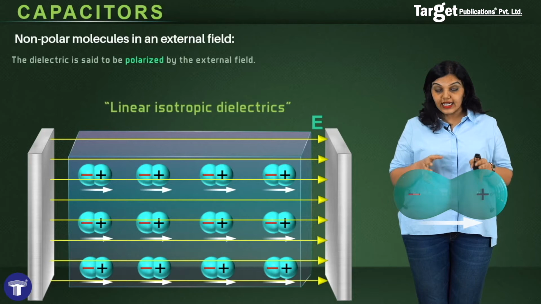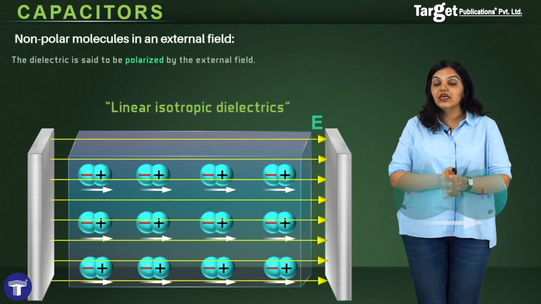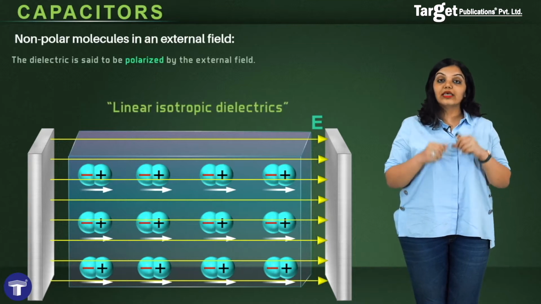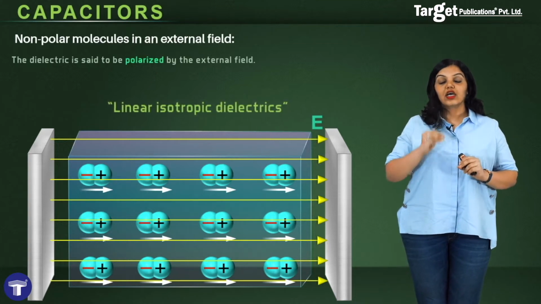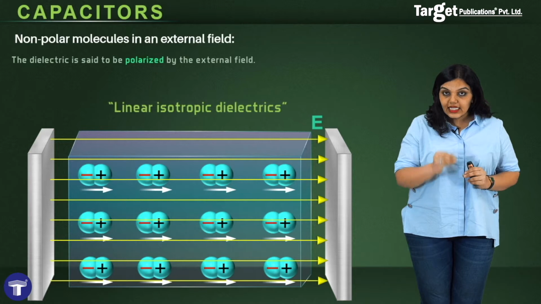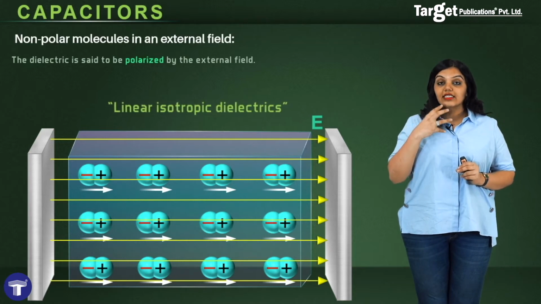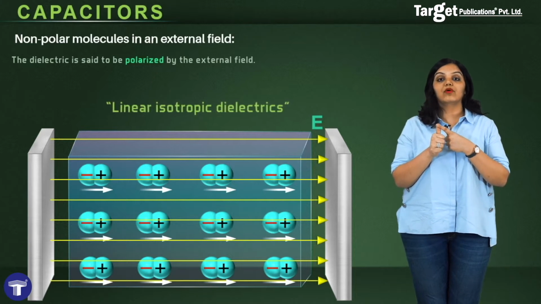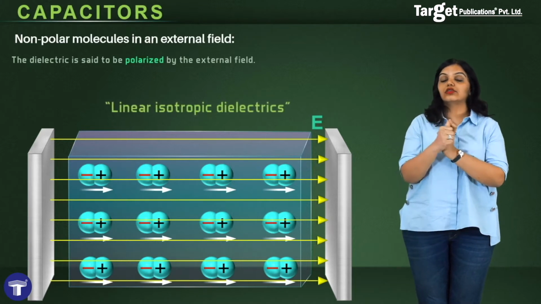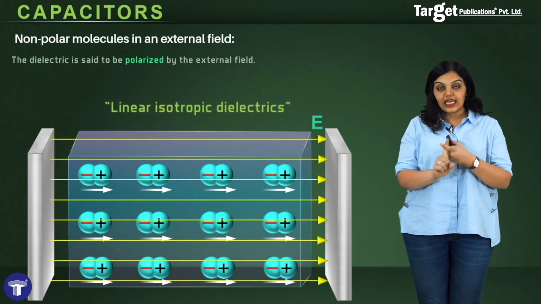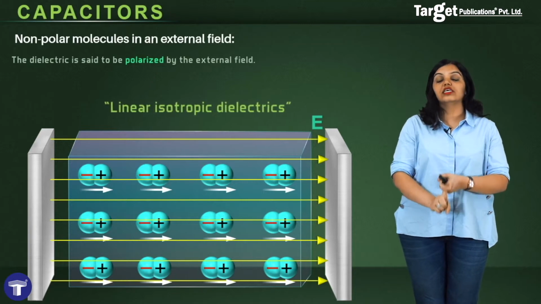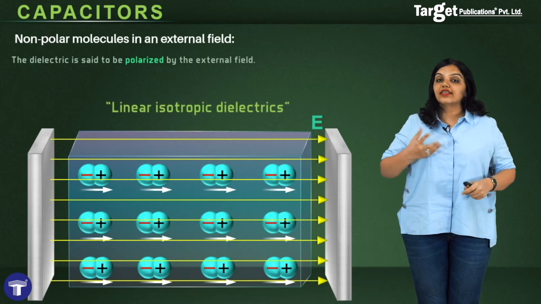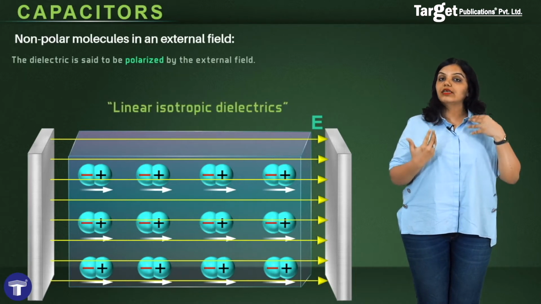Now, all the dielectrics that we will be studying in this chapter are what are known as linear and isotropic dielectrics. So, we call them linear isotropic dielectrics. What does this mean? These dielectrics satisfy two conditions. The first one is that the induced dipole moment is always in the direction of the external field, and second is that the polarization is directly proportional to the strength of the electric field, which means the greater the electric field strength, the greater will be the polarization.